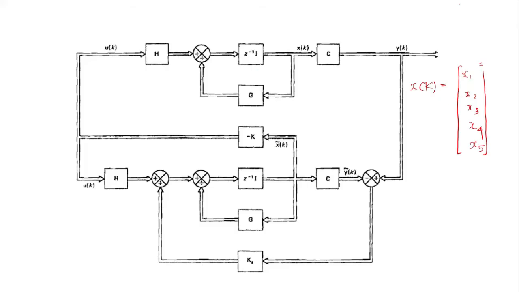If, for example, the system has states x1, x2, x3, x4 and x5, and if x1, x2 and x3 are actually directly observable and only x4 and x5 are to be estimated, then we classify these states as xa and these states as xb.